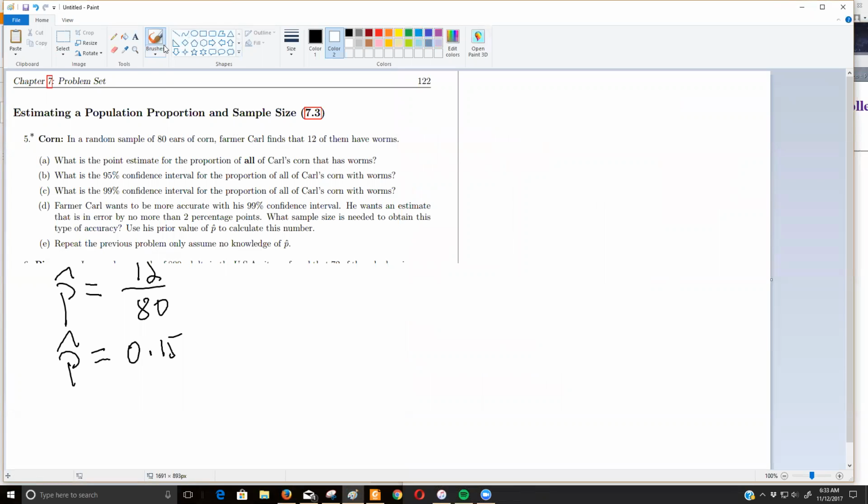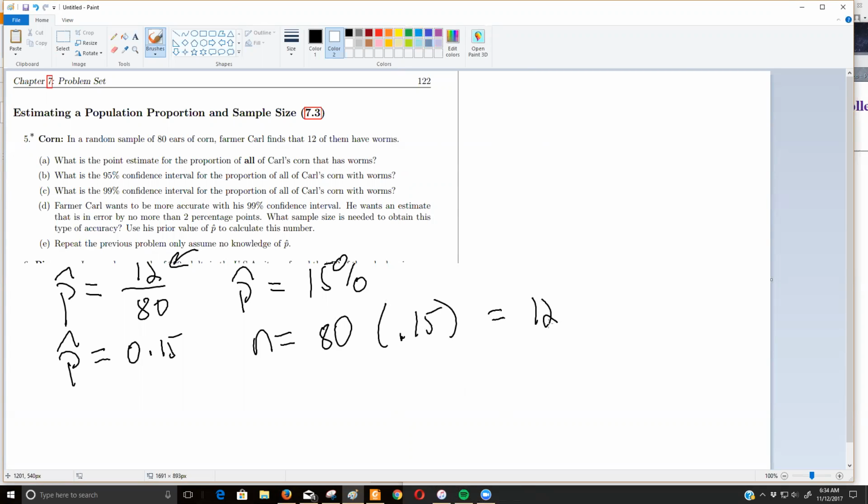So if they had told me that Carl had an earworm problem, and let's say they said 15% of his ears had worms, and they went out and found a sample of 80 ears. See how they're not telling you the 12 in this case? If they do that to you, and I do that to you on a quiz, you just got to make sure that you find 15% of 80. In this case, it'll be 12, because nice, no need to round.